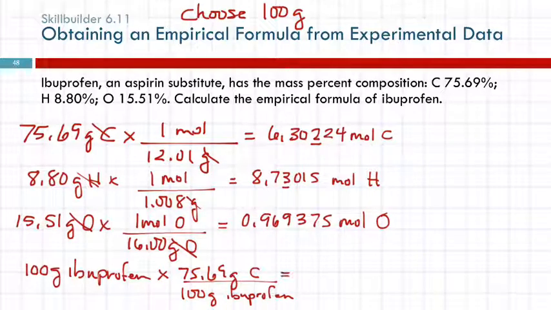And then when I do the math, I get 75.69 grams of carbon. So I am doing that, I'm just not writing it down, because it's not necessary. This is what we're doing in our heads. This is why I say just choose a 100-gram sample. If you understand that, that's awesome. If you don't, I'm telling you a hack: replace percent with gram, and that'll work.